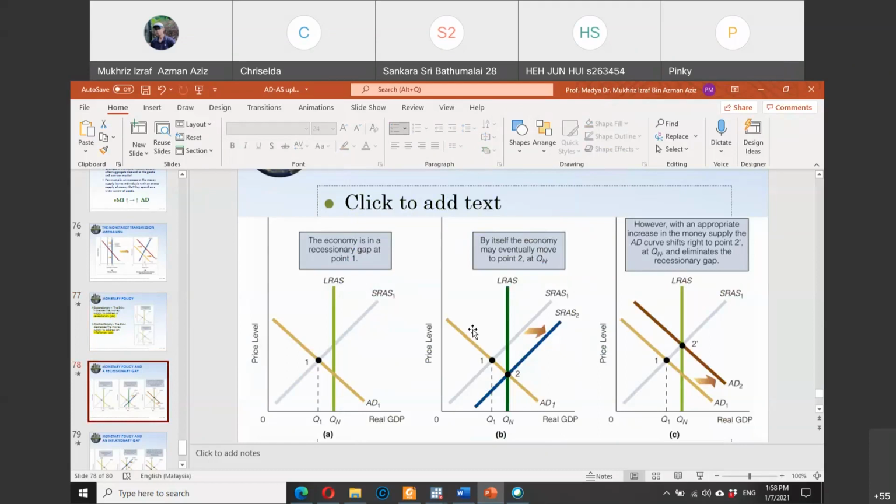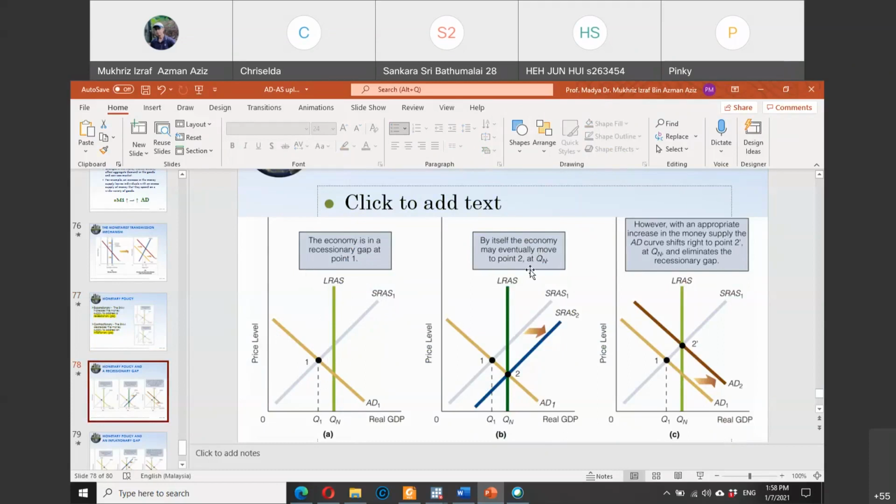You can see the movement is quite simple actually. The economy is in recessionary gap at point 1. Point 1 is where the short run supply curve intersects with the aggregate demand curve at Q1.